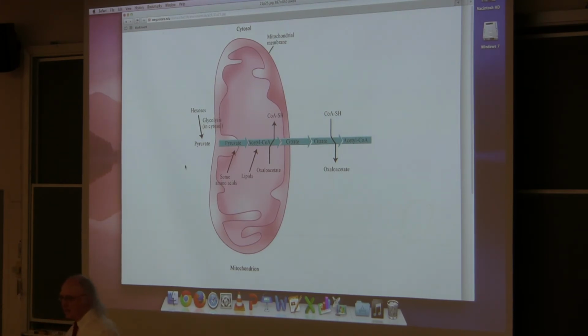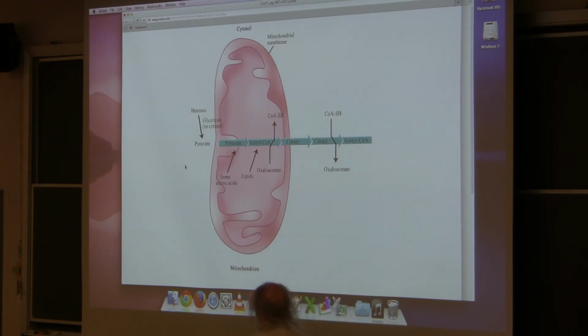So if there's no NAD, or very little NAD, the first thing that's going to accumulate is isocitrate. Correct? And isocitrate is the product of the reaction that converts citrate into isocitrate, right? That's the aconitase reaction. So if isocitrate concentrations are high, citrate concentrations are going to be high. And that turns out to be a very big signal, as we will see, for fatty acid synthesis.